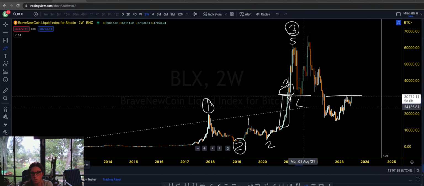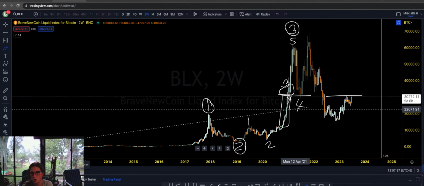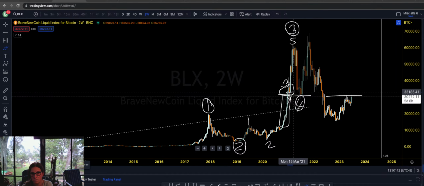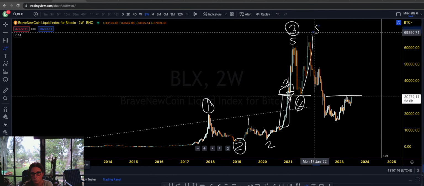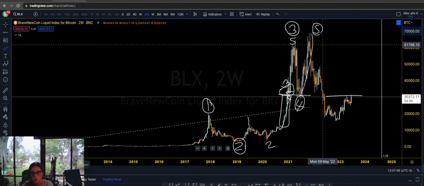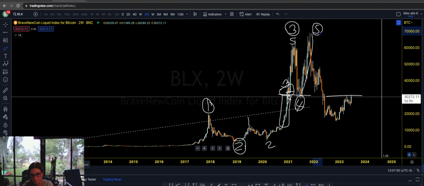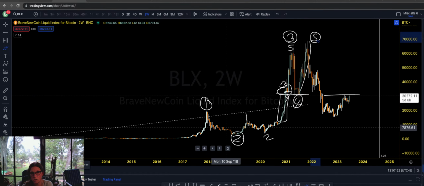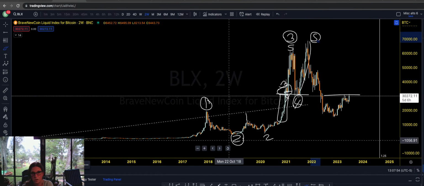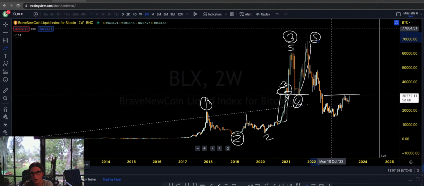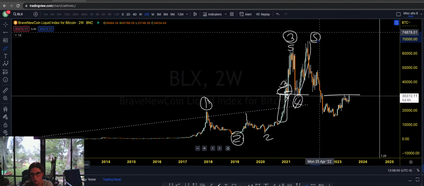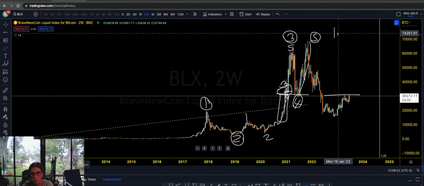So this main 4 did exactly what it was supposed to do and held support on this 3 and 4. And then what did it do? It pushed up for a 5. So looking at Bitcoin, it's logical to say that we have completed a 5-wave move and that we have just finished our main primary wave 1.